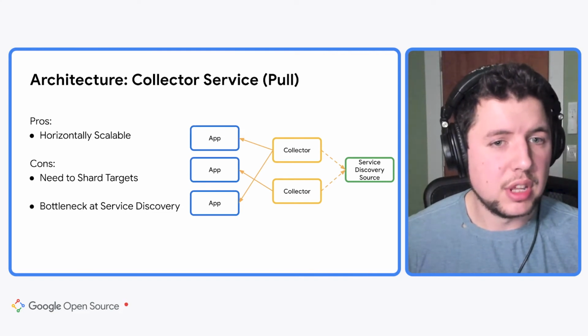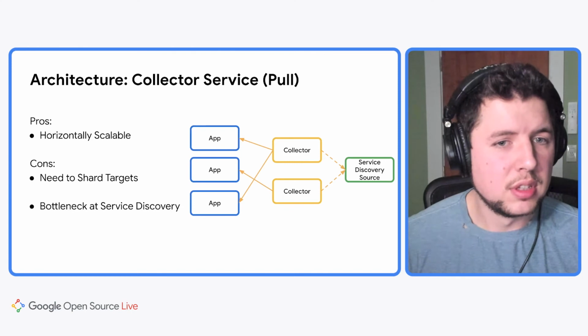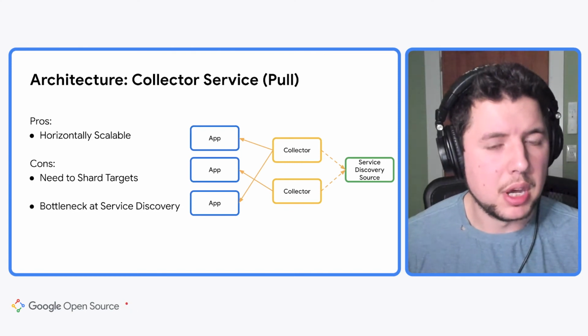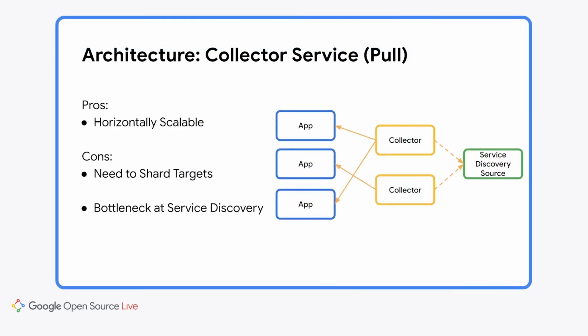And it turns out if you run too many collectors and you only have a single source for service discovery, there can be a bottleneck there as well. For example, in Kubernetes, if you're running the collector as a deployment and you're watching the Kubernetes API server as your source for service discovery, the API server can become overloaded if you scale your deployment up too high.